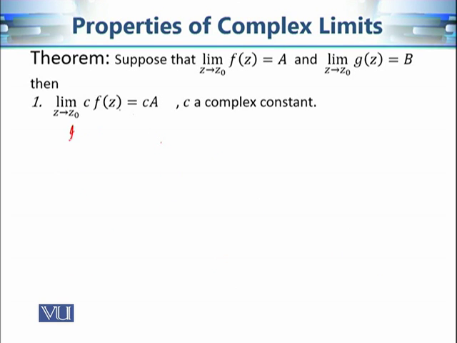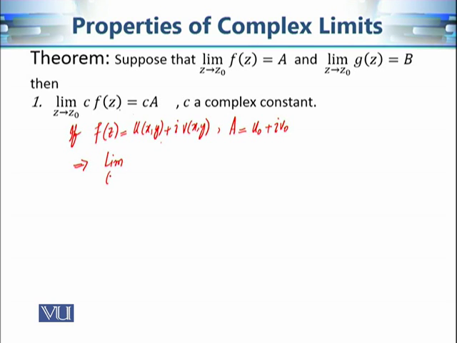Now if f of z is equal to u of xy plus iota v of xy, and the limit a of this f of z as z approaches z0 is u0 plus iota v0, then using the connection between the complex limits and the real limits, we have the following.